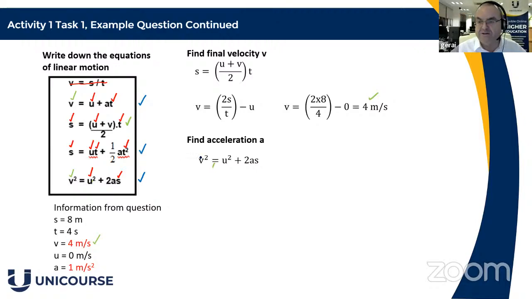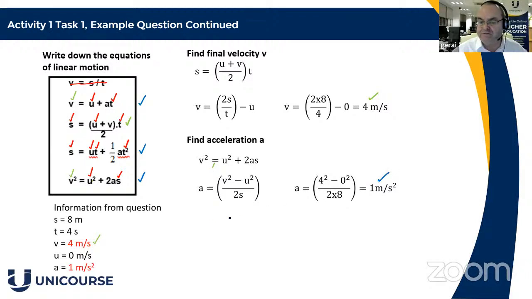Rearrange that to get a in terms of the unknown variable: v squared minus u squared over 2s. And if we put the numbers in, we'll get a final acceleration of 1 meter per second squared. So that's our 1 meter per second squared, and we'll put that back into our acceleration. So we've got all 5 properties now that define that motion.